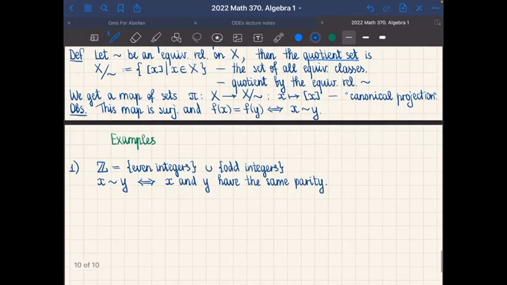And the quotient set will contain two equivalence classes. So it will contain the equivalence class of 0 and the equivalence class of 1. In the next lecture, we will generalize this example further, where we can divide Z into more than two equivalence classes.